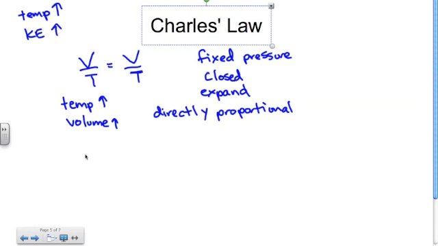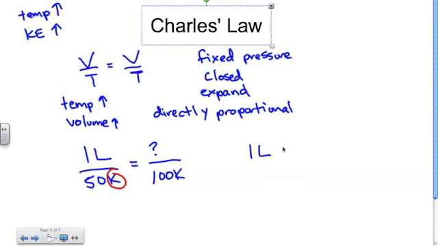So for instance, if we start with a volume of 1 liter at 50 Kelvin, remember that all of our temperatures should be in Kelvin, and we wanted to find out what our volume will be if we are at 100 Kelvin. Well, we do our algebra, cross multiply and divide.